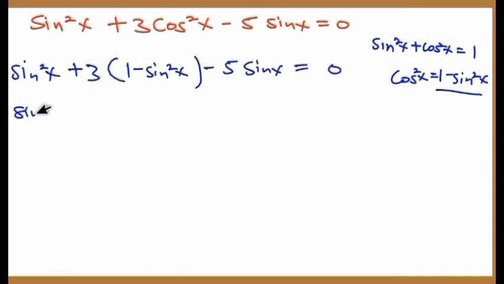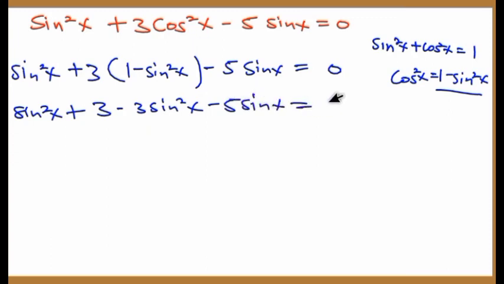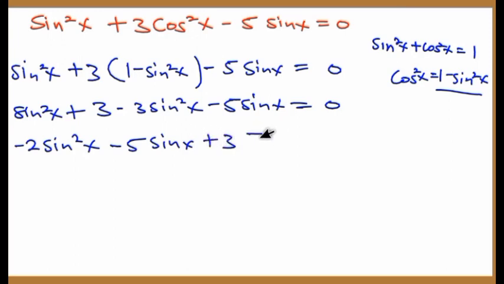That gives sin squared x plus 3 minus 3 sin squared x minus 5 sin x equals 0. Now we add the sin squared terms: 1 minus 3 becomes negative 2 sin squared x minus 5 sin x plus 3 equals 0.